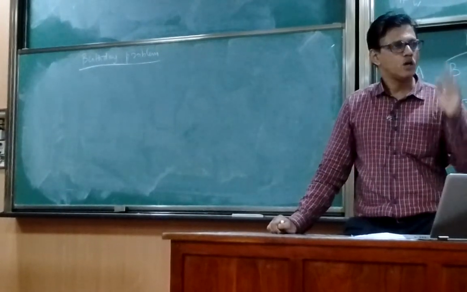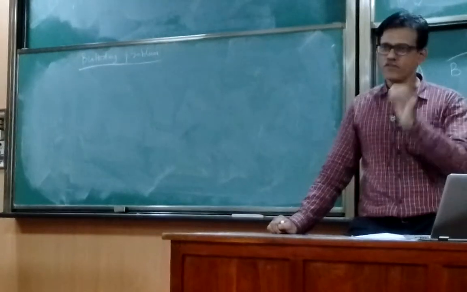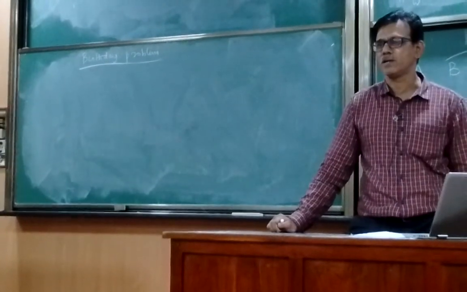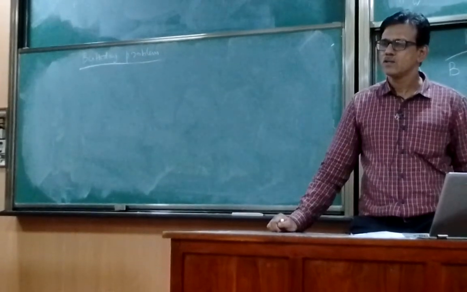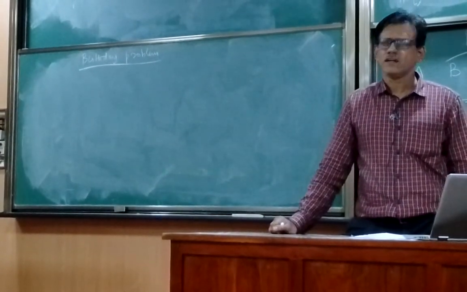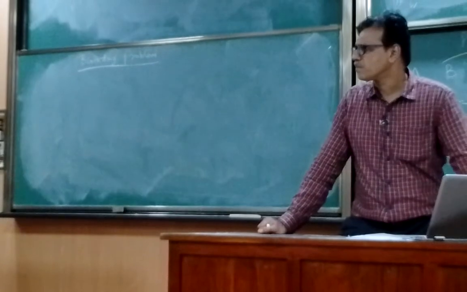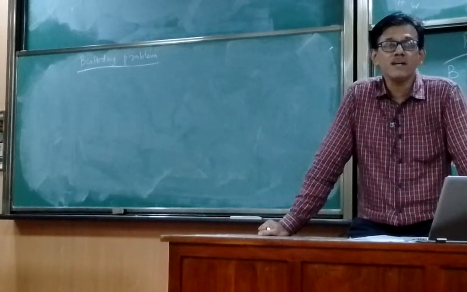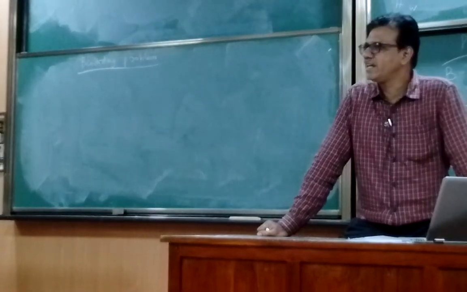So, okay, 23rd June or 5th August, something like that. But month and date are important. So what is the probability? What will be your answer? 1 by 365. 1 by 360. Any other answer?